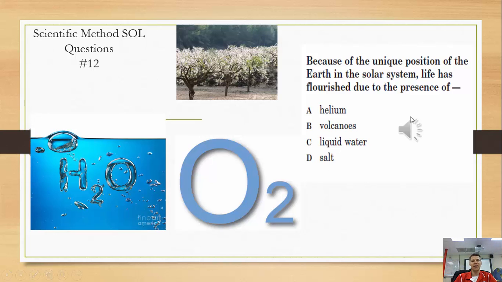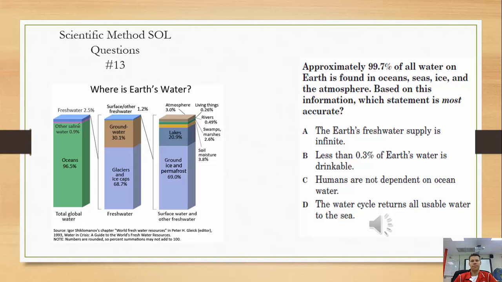To flourish would be like these trees here blooming, doing really well, due to the presence of helium, volcanoes, maybe very indirectly, but don't overthink these. Liquid water or salt, you have to have water. Alright, so our best answer here is C, liquid water.